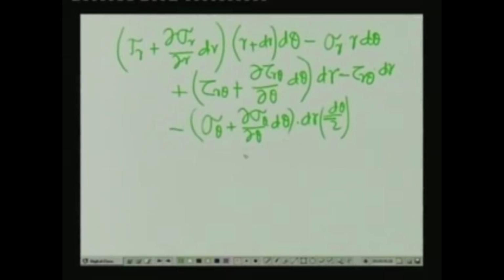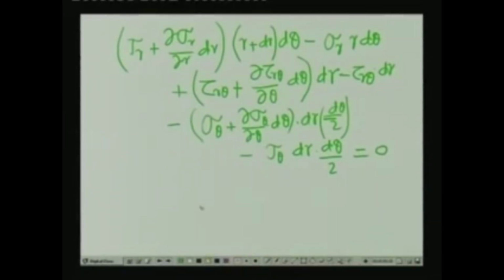This component is acting in the reverse direction of the radial direction, so this is negative. So, sigma theta times dr times d theta by 2, and this is equal to 0.